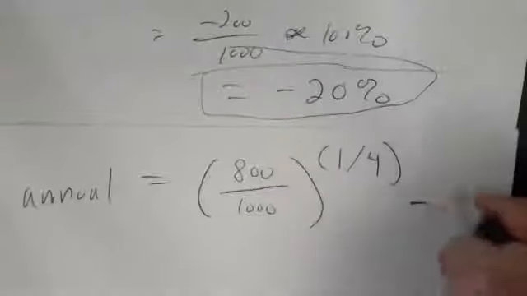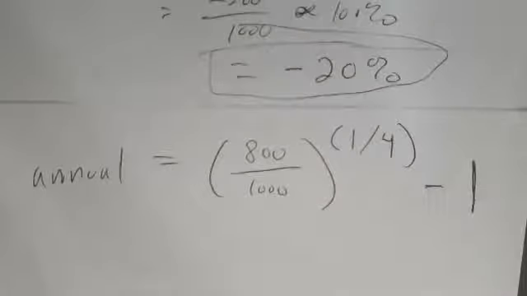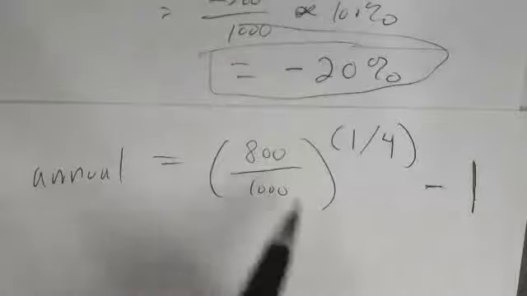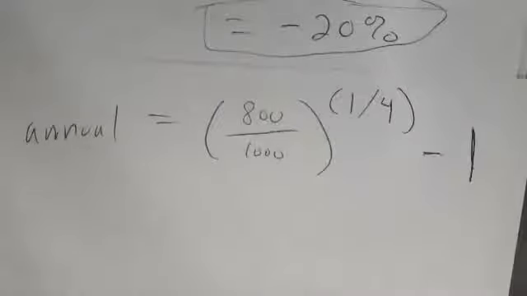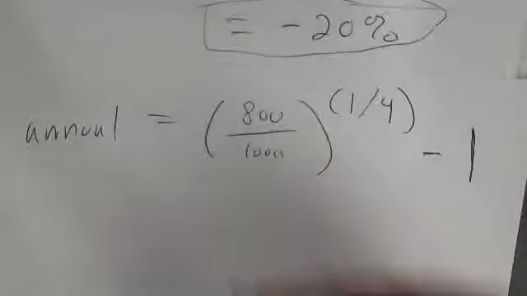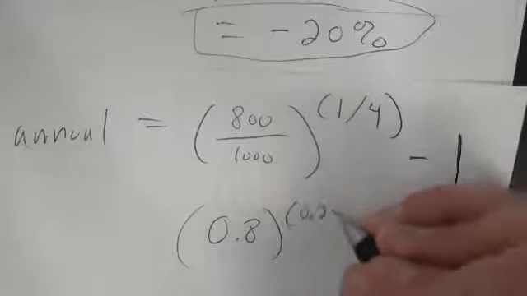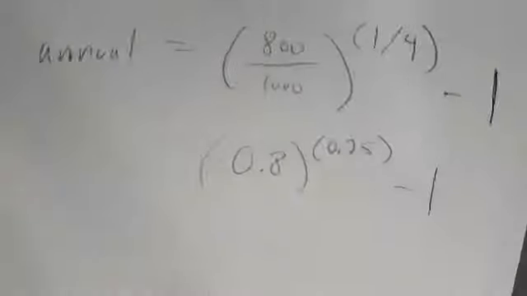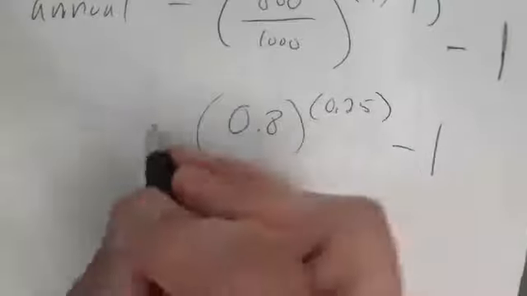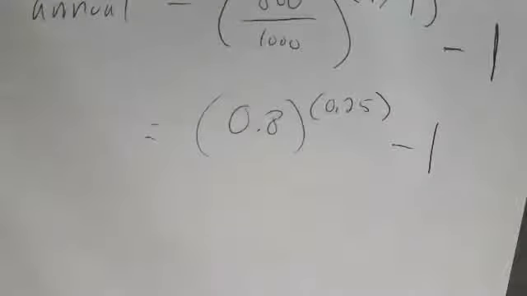And then I have to subtract 1. You might notice I'm getting a fractional amount in here. Previously, I got a whole amount. But 800 over 1,000 gives me 0.8. A quarter is 0.25, so 0.8 to the 0.25 gives me 0.9547.